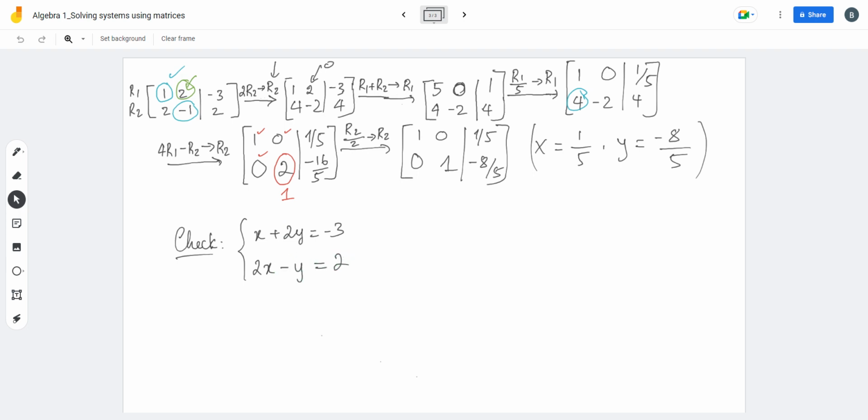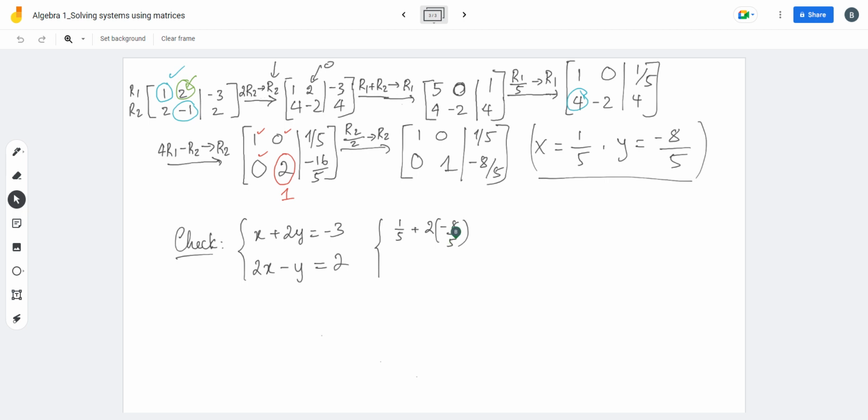So the way that you're going to check it is that you're going to plug x and y into both equations and make sure that they are correct. So again, here I have x here is 1 over 5 plus 2 times y. y is minus 8 over 5.